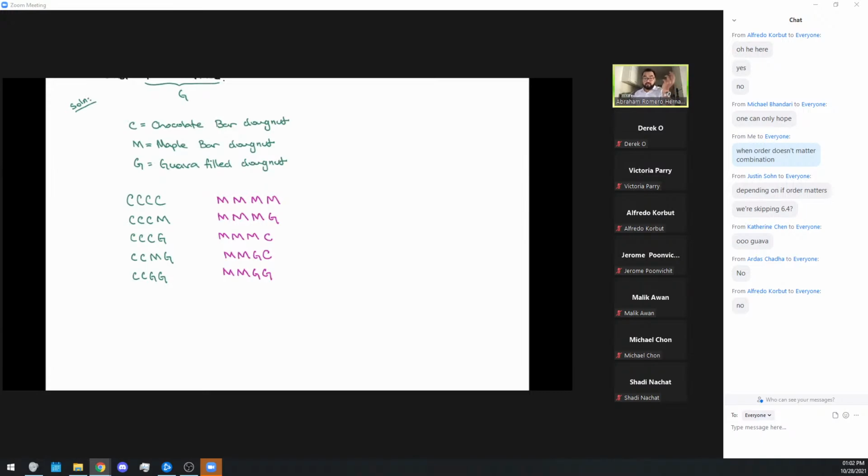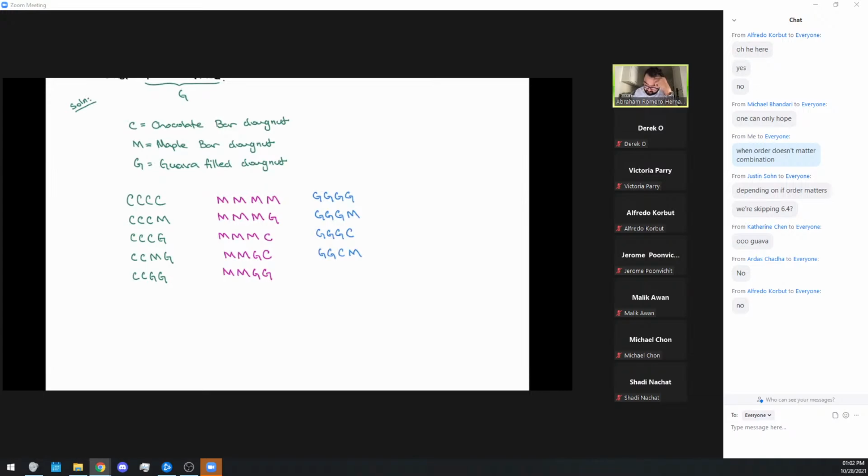Well, yeah. I could select all four of them to be guavas. Or I could select three to be guava and one maple. I could select three of them to be guava filled and one chocolate. I could select two to be guava, one chocolate and one maple. Or I could select two guavas.